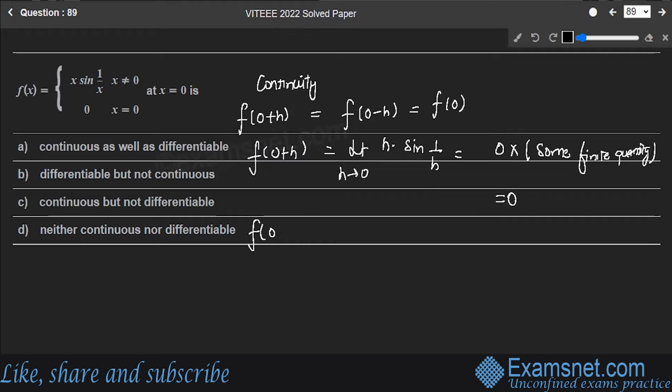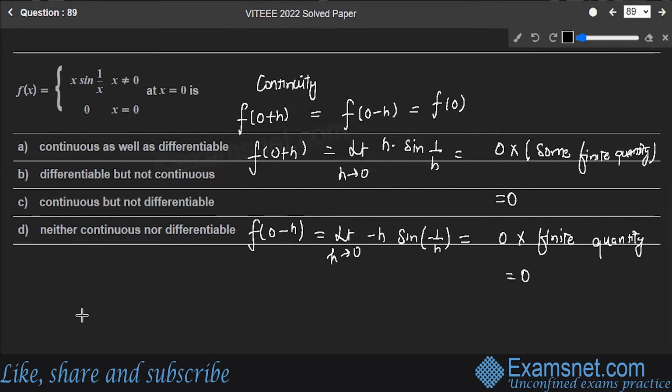Now let's go for 0 minus h. Limit as h approaches 0, it will be minus h into sine of minus 1 by h. This will be equal to again 0 into a finite quantity, which is equal to 0.